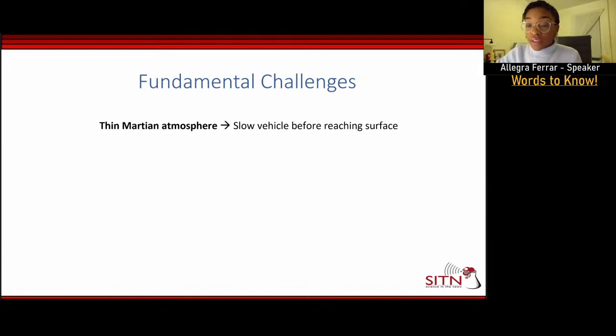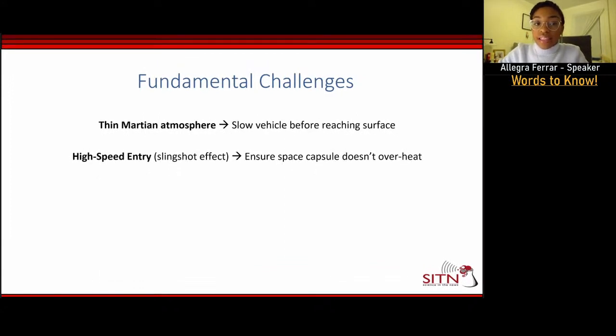So slowing our vehicle down becomes exponentially harder. The other challenge is this high speed entry phenomenon, which is what we were talking about with the slingshot effect, and this manifests into heat. When we're traveling in fast, we create more friction around our vehicle, which manifests in very high heating levels.